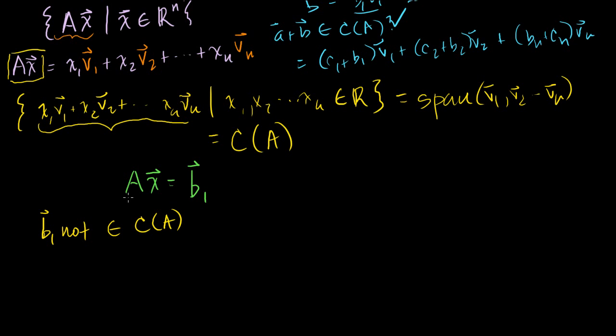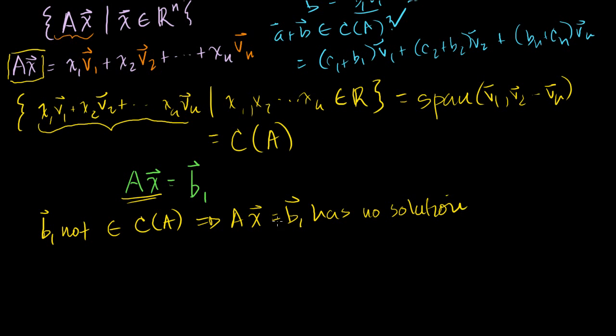That tells me that this right here can never take on the value b1, right? Because all of the values that this can take on is the column space of A. So if b1 is not in this, it means that this cannot take on the value of b1. So this would imply that this equation we're trying to set up, Ax is equal to b1, has no solution.